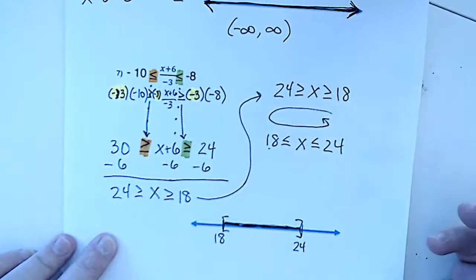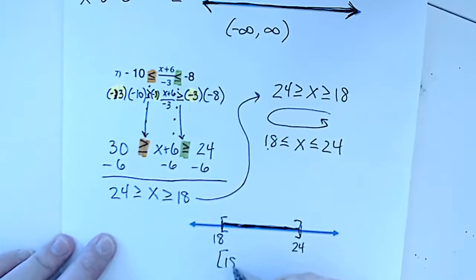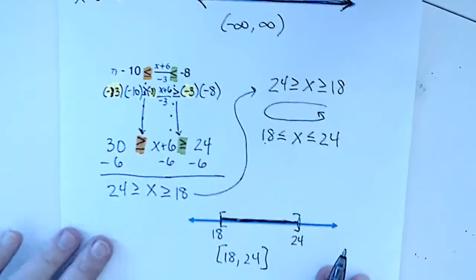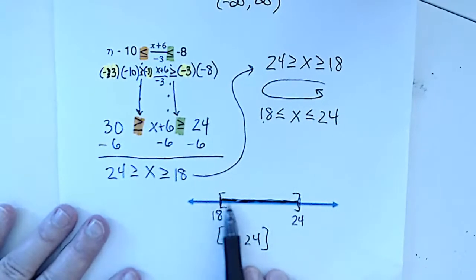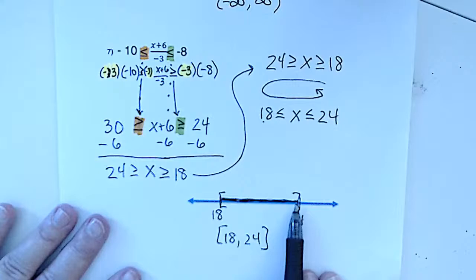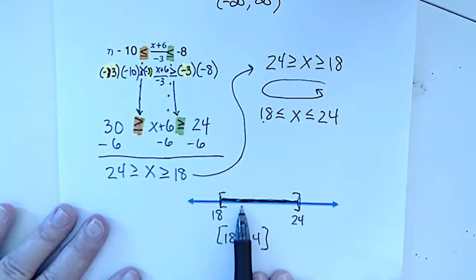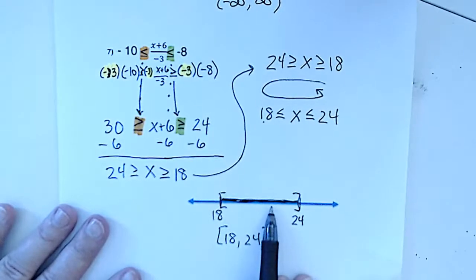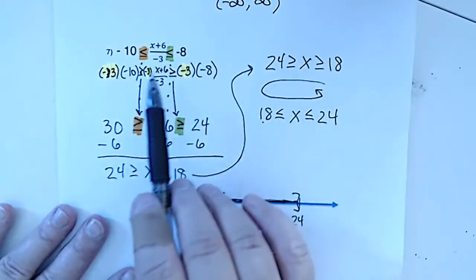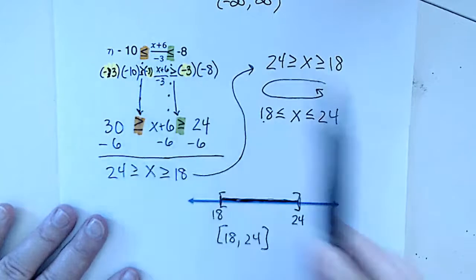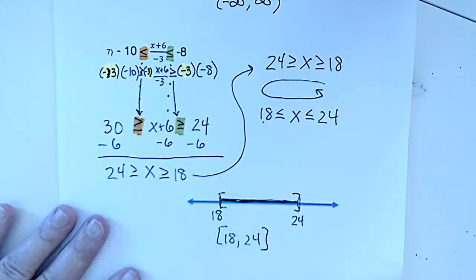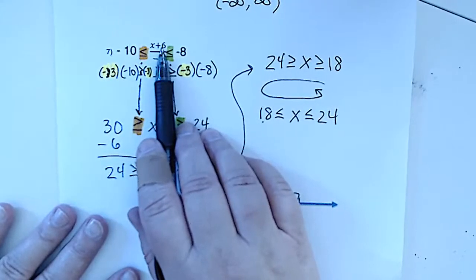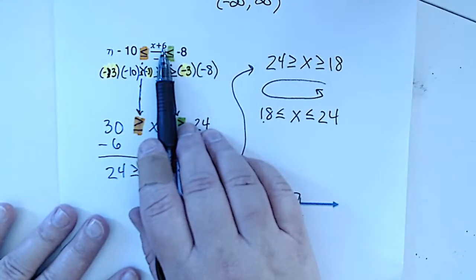Now, after a problem like this, when you're thinking, oh man, that was a lot of work, what can you do? Well, inequalities are really hard to check. However, if you pick a point in here, we could pick 20 or 22, whatever number you'd like, maybe even 21, if you plug it in up here, it should work out. So if I pick 21, 21 plus 6 is 27.